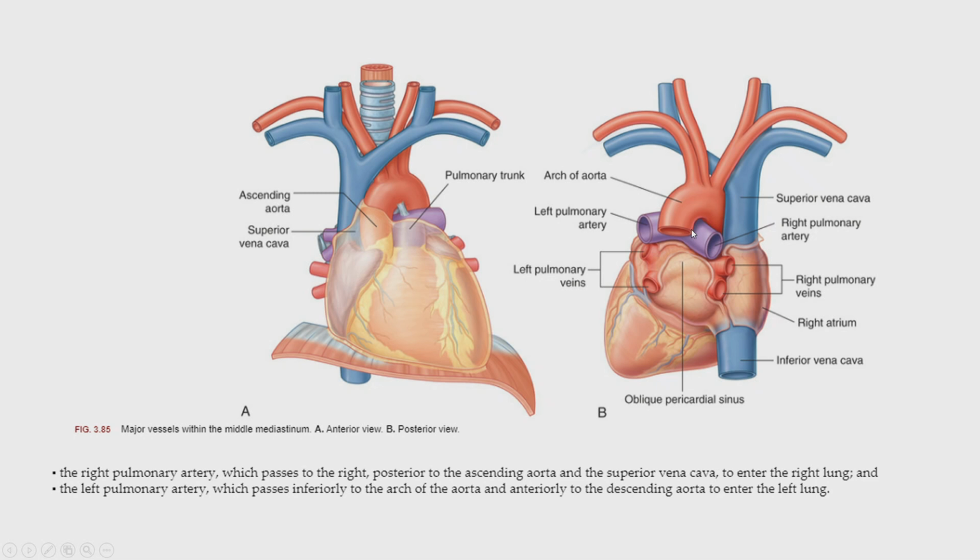During dissection you have to pay attention to the exact location of every one of these structures. On the right side, the superior vena cava, then the ascending aorta and arch of aorta, and the pulmonary trunk, the most anterior portion, and from the posterior aspect, how the descending aorta goes posteriorly from the pulmonary artery.